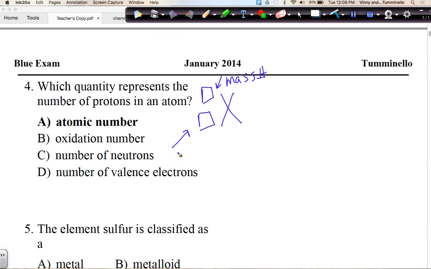The bottom number will be called the atomic number. The mass number is the sum of protons plus neutrons, and the atomic number is going to be the number of protons.